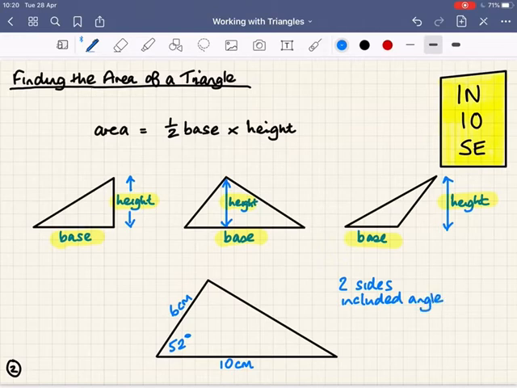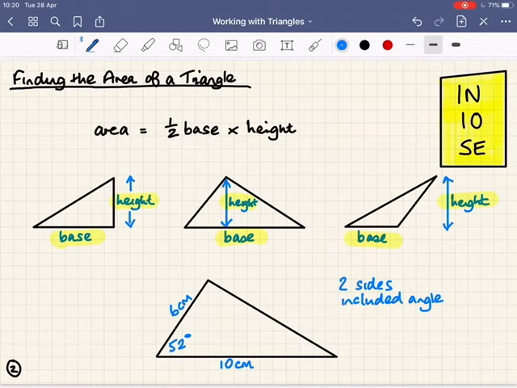So in that case, the angle is 52 degrees, and on either side of the angle are the two sides, 6 and 10. In this case, I can also find the area of the triangle, but I'm going to use some trigonometry to do so. So this video is all about this scenario, two sides and an included angle, and then being able to find the area.